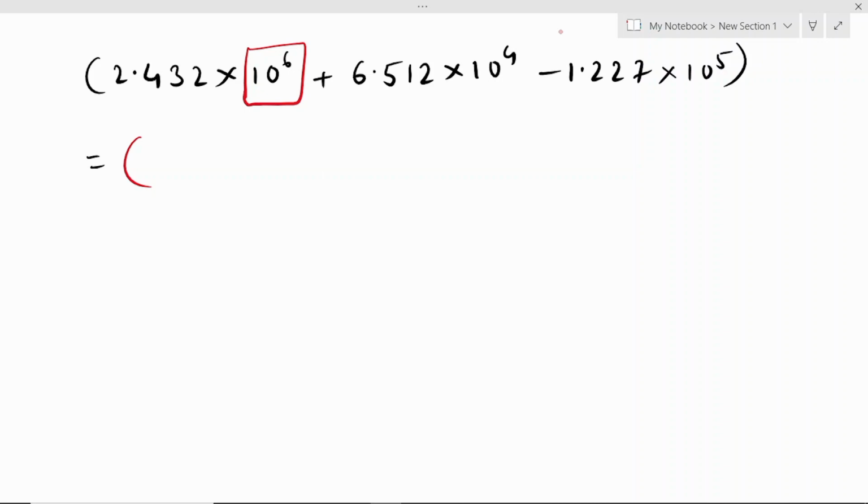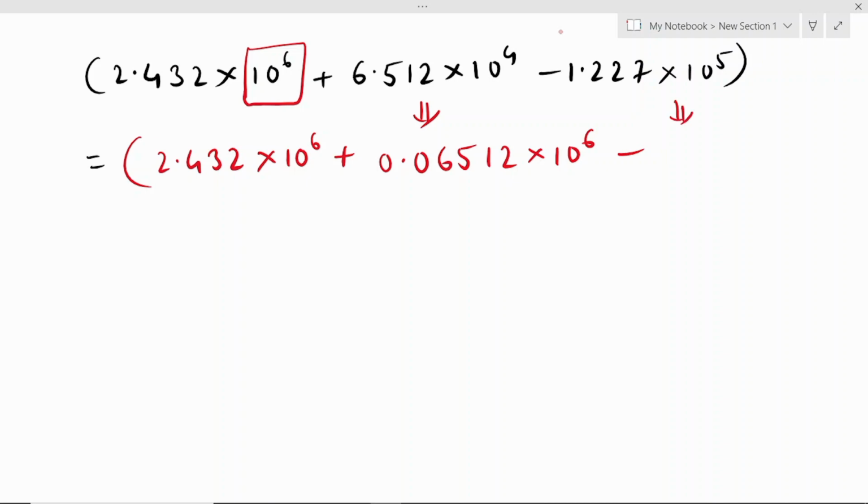That is, 2.432 times 10 to the power 6 plus 0.06512 times 10 to the power 6 minus 0.1227 times 10 to the power 6, and the result is 2.37442 times 10 to the power 6.